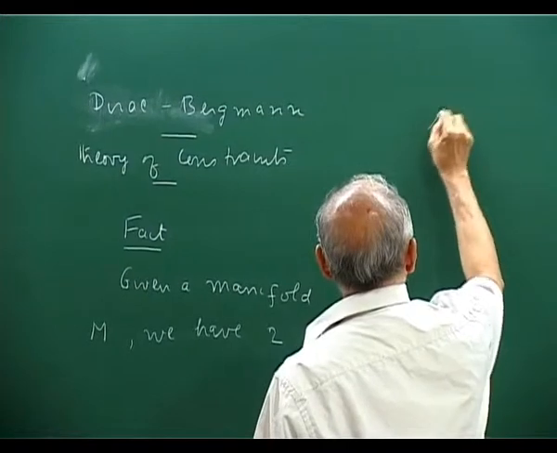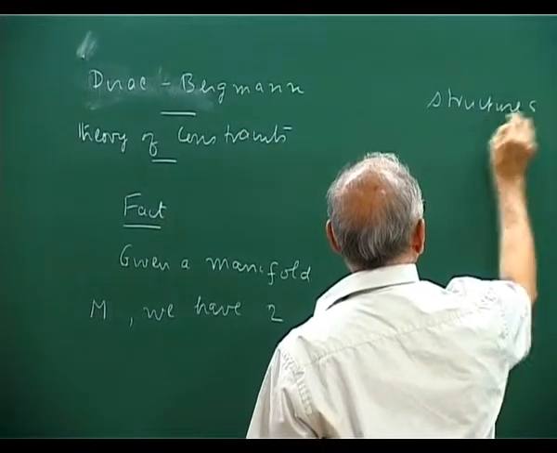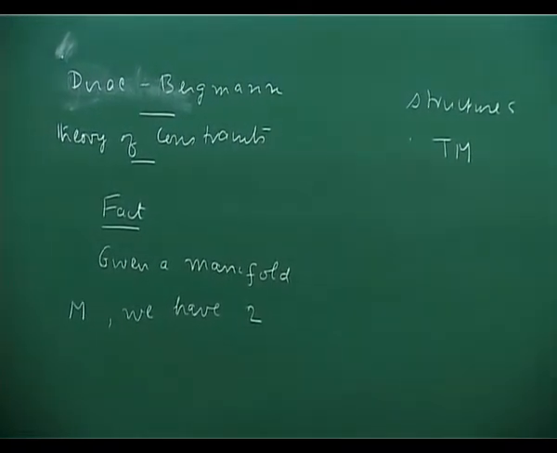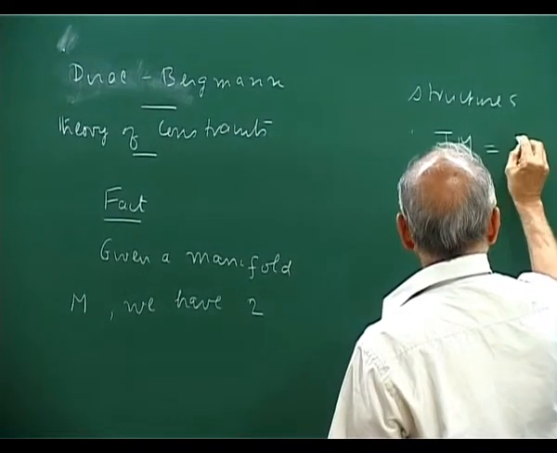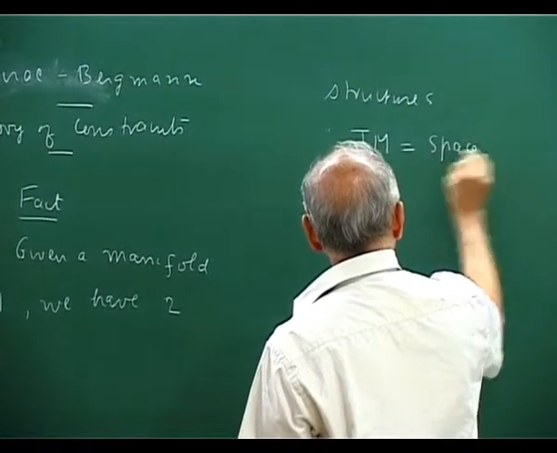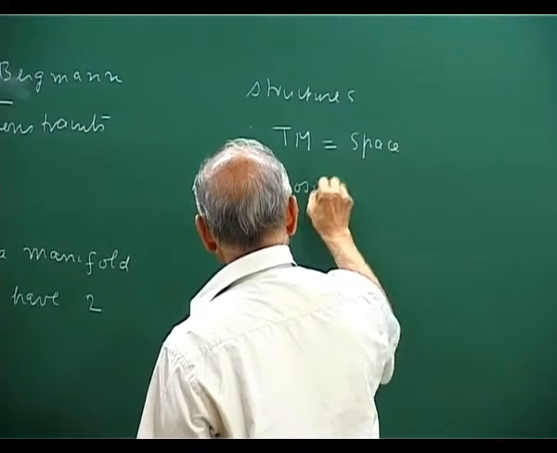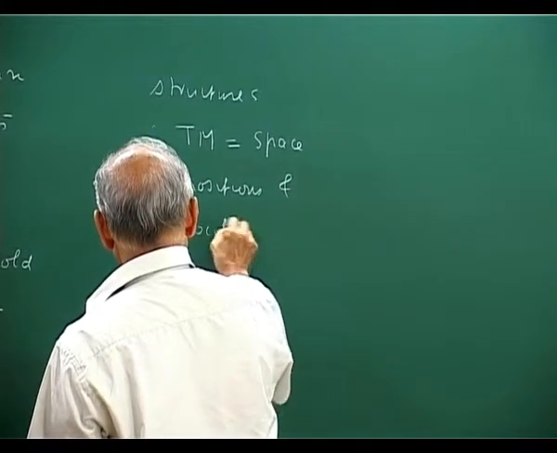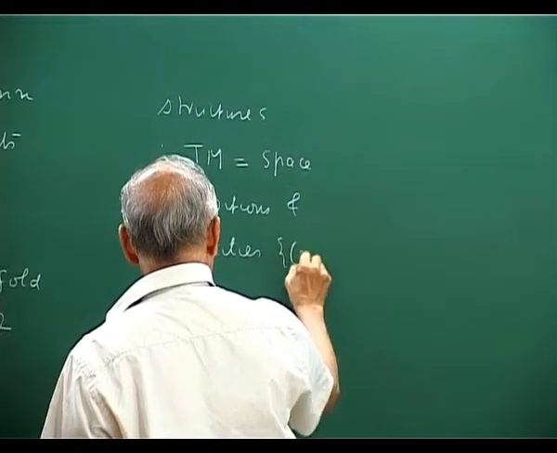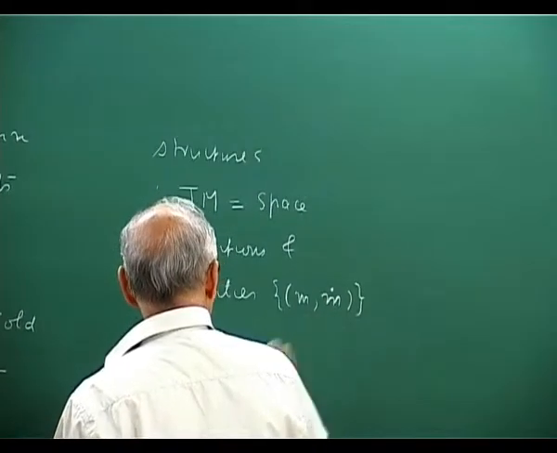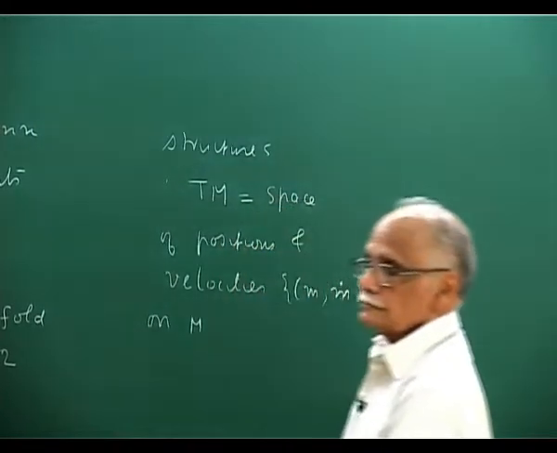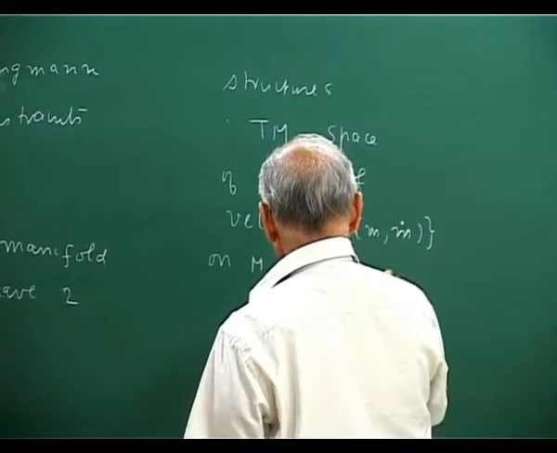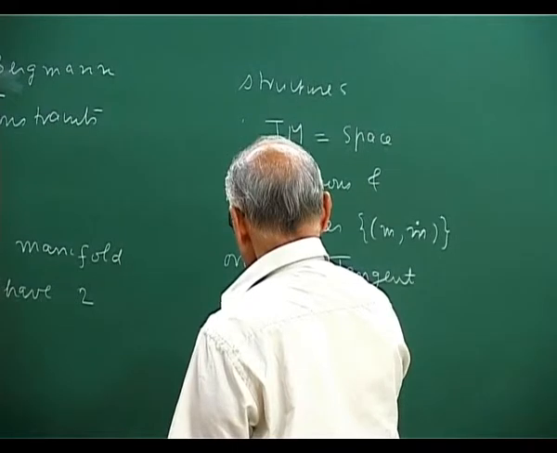One is what is called TM, which is the space of positions and velocities, M and M dot, on M, or what I may call the tangent bundle on M.